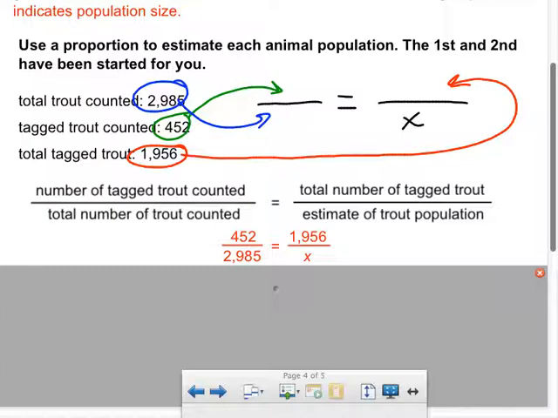Okay, so when we solve this, what are we going to do? What's the first thing we got to do? Somebody I haven't heard from yet would be nice. Zainab in the back. Yep, you're going to take your first cross product. 452 times x, what's that going to give me back? Right, and then what's the next cross product?